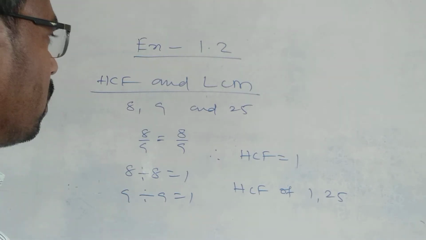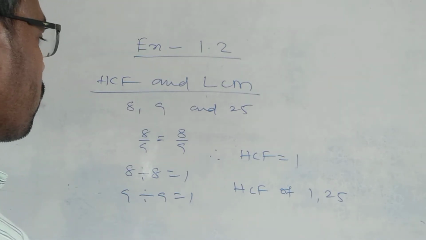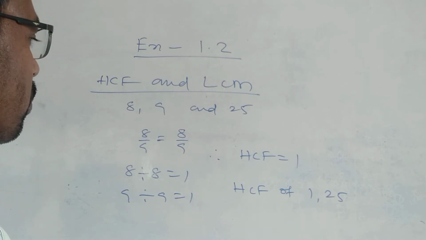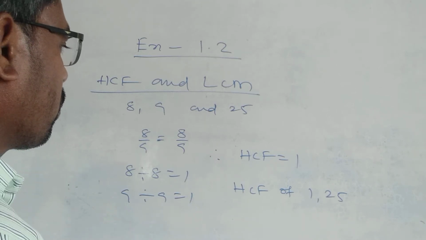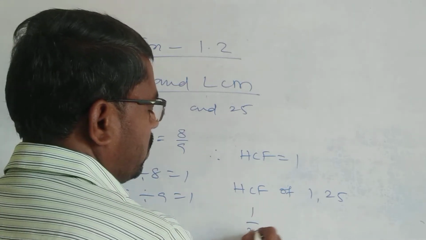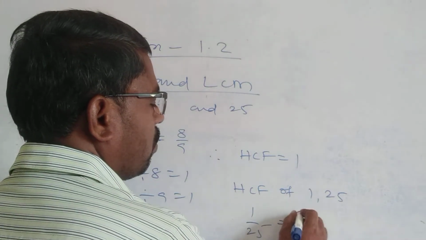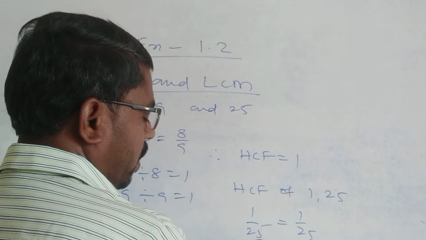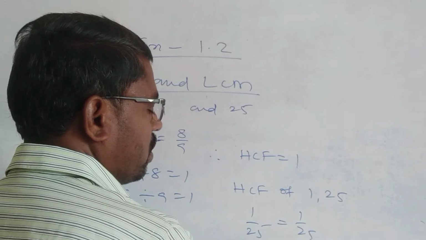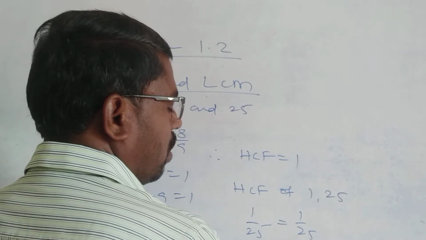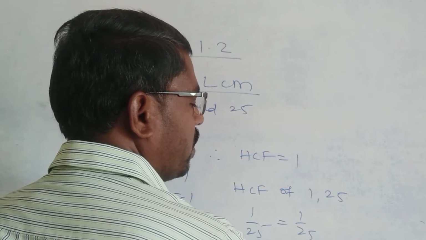You can test it. 1 by 25 is 1 by 25 only. 1 divided by 1 is also equal to 1, or 25 by 25 is also equal to 1.